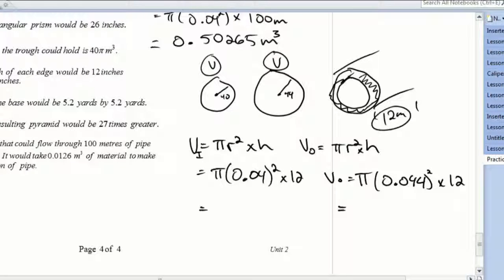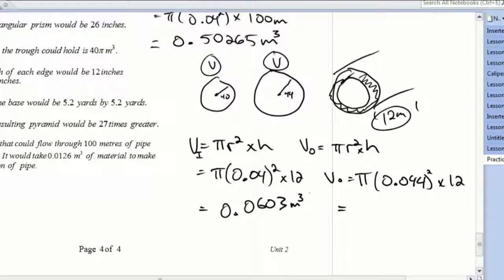So 0.04 squared times pi times 12 is going to give me 0.0603 meters cubed.